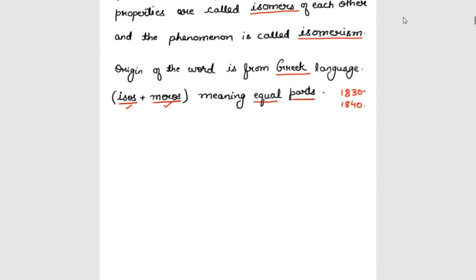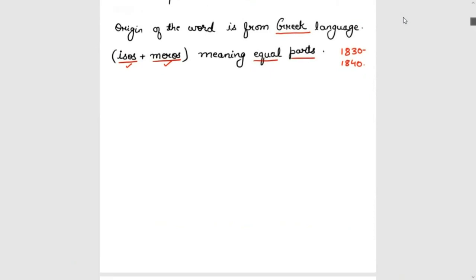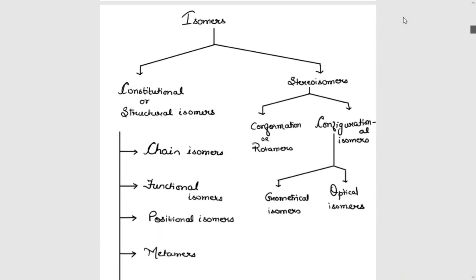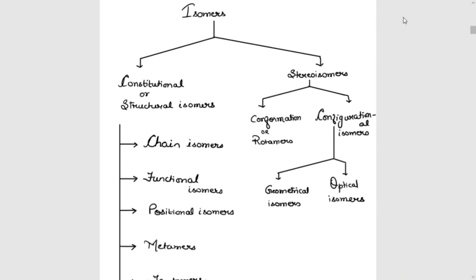Coming to the classification, today isomers are of what types and what we study. In the present context, isomers are divided broadly into two. First is the constitutional isomers, which are also known as structural isomers.